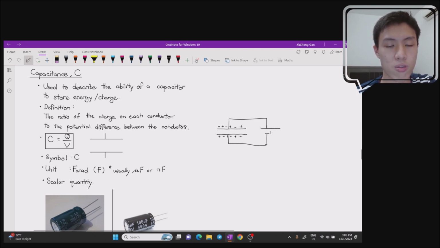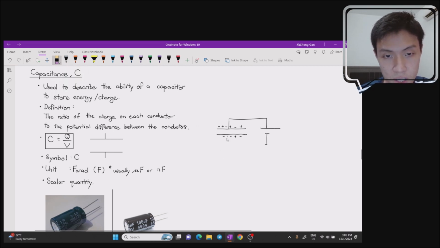Remember, the function of the battery is to pump the positive charge from a low electric potential region to a high electric potential region. So the positive charge will be moved from the bottom plate upwards into the upper plate.